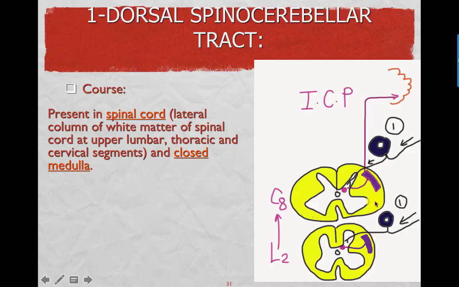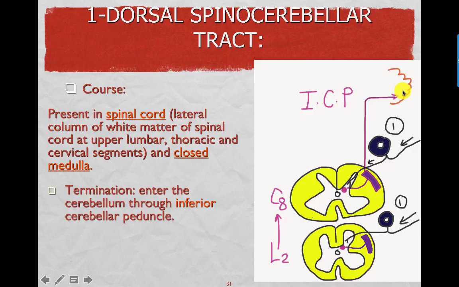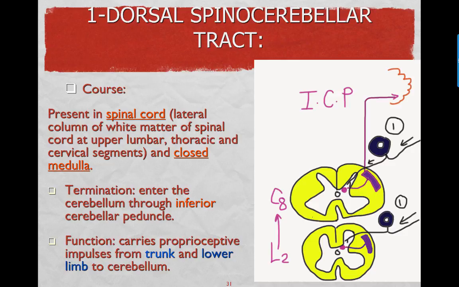After it originates, it ascends to reach the inferior cerebellar peduncle, passing through the medulla to finally enter the inferior cerebellar peduncle. It carries the proprioceptive impulses from where? From the trunk and the upper part of the lower limb. The proprioception from this area is carried to the cerebellum by this special tract, the dorsal spinocerebellar tract.